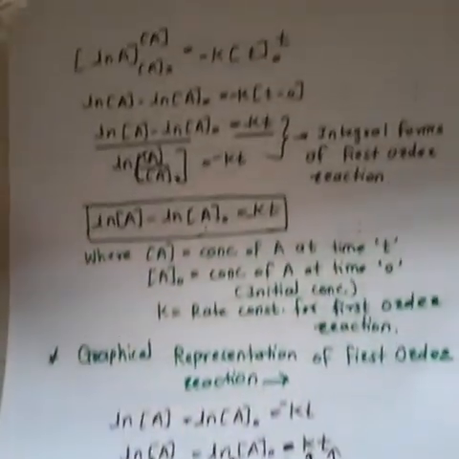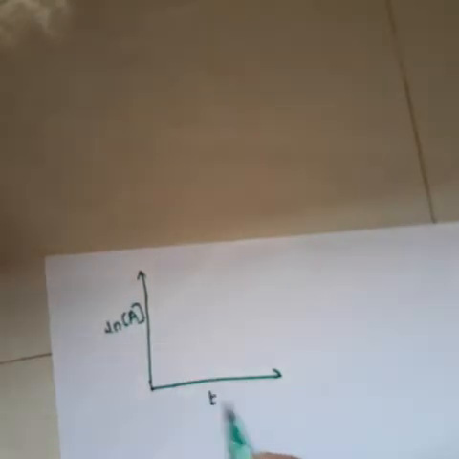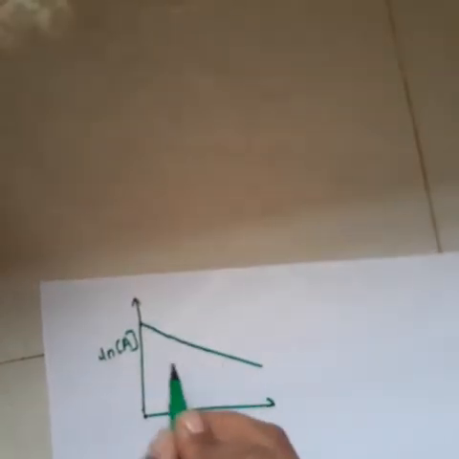So how can we plot a graph? This is the ln of a versus time t. So ln of a versus time t, we get a decreasing straight line. Why?